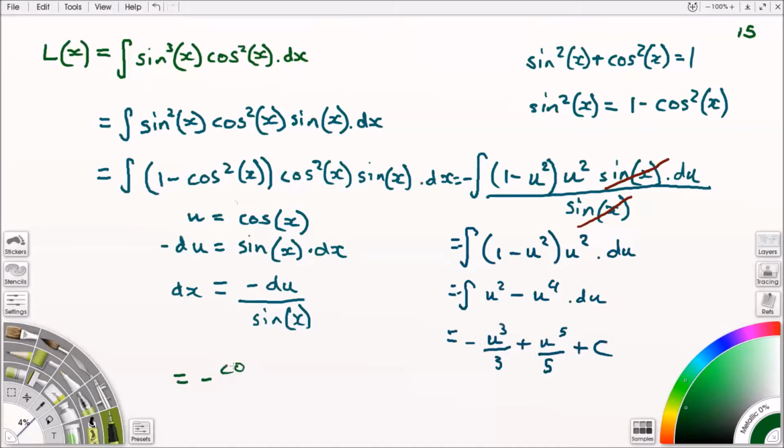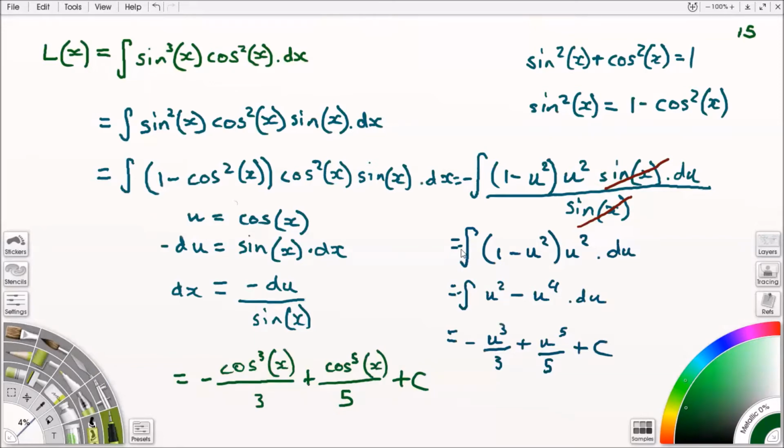So negative cosine, we'll put the cube there, over 3 plus cosine 5 x over 5 plus c. And I believe that is our right answer here.